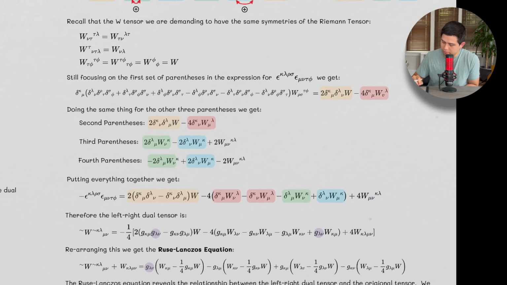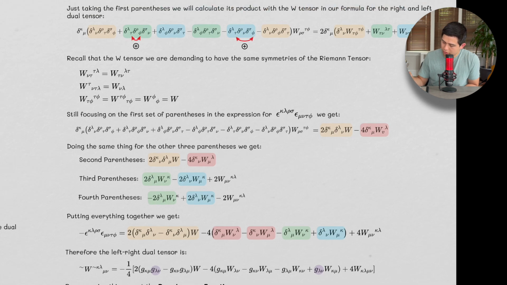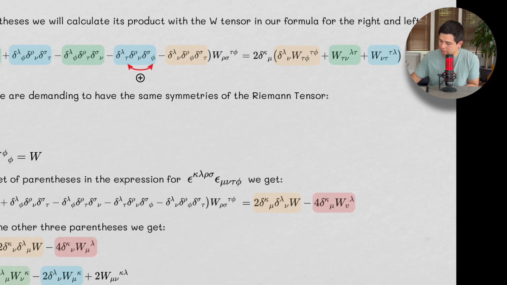Just focusing on him. Then we get this right here, okay? So all of this gives us this, right? So this is to say that this reduces down to this, because we have complete contraction.